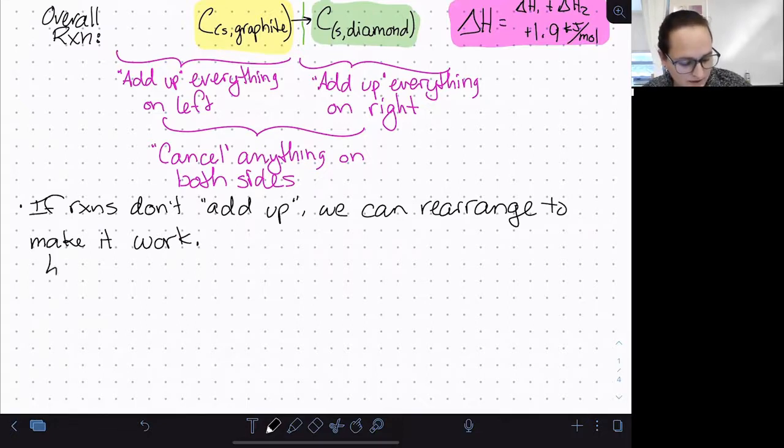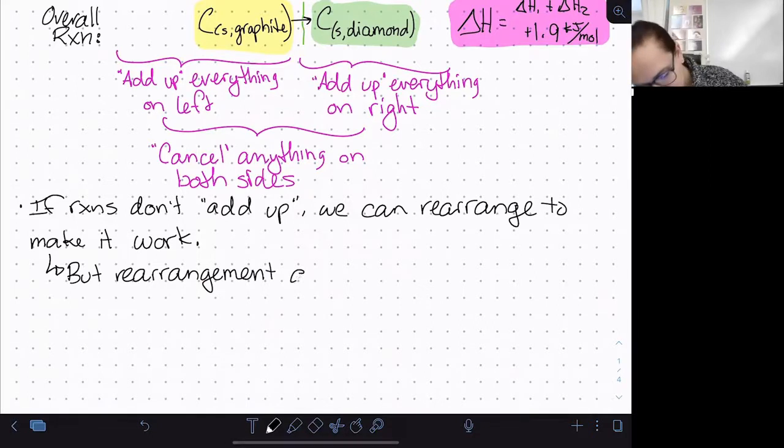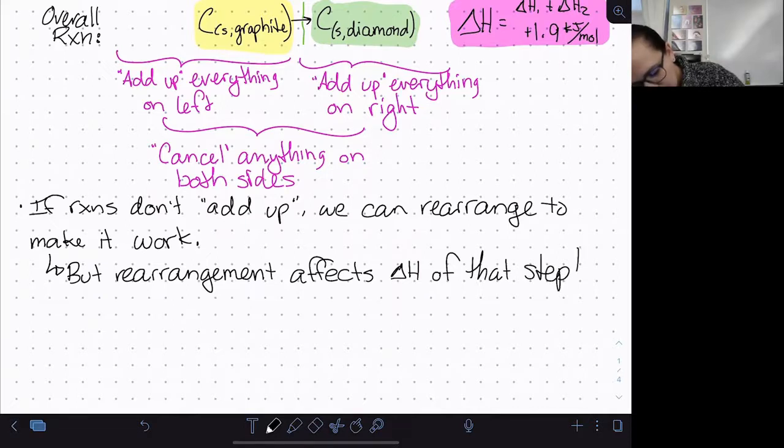The one thing we need to keep in mind is that rearranging affects our delta H as well. So if we need to rearrange our reactions, we just need to adjust our delta H's accordingly, but it's really predictable.